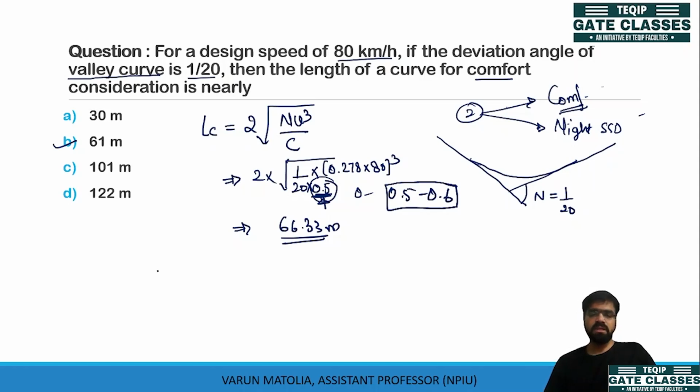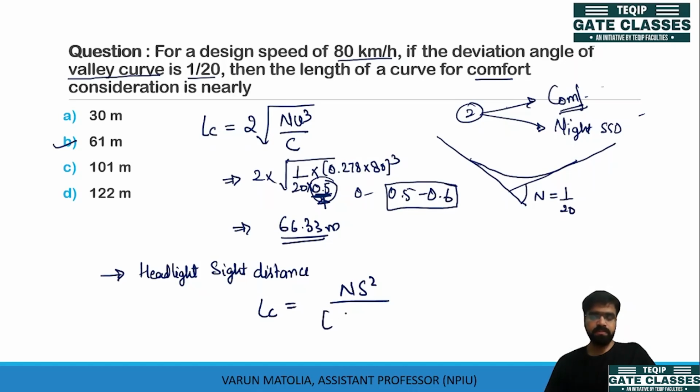If it is based on your headlight sight distance, the length of curve can be written as n s square, where s is sight distance, divided by 1.5 plus 0.035 times s.